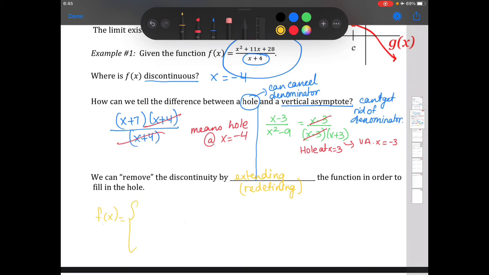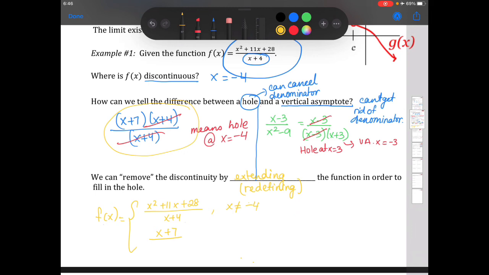You write the first function as it is, x squared plus 11x plus 28 over x plus 4, for x not equal to -4. And now after you removed the discontinuity, what are we left with?